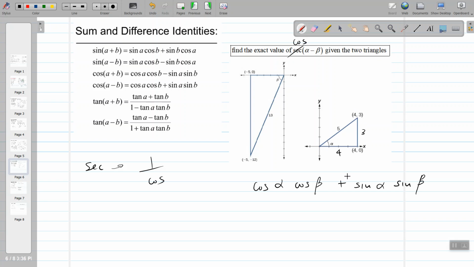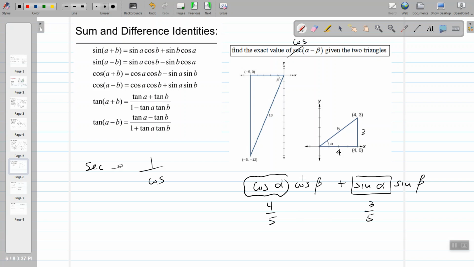So cosine is adjacent over hypotenuse, so that's 4 over 5. And the sine of this picture is opposite over hypotenuse, so that'll be 3 over 5.